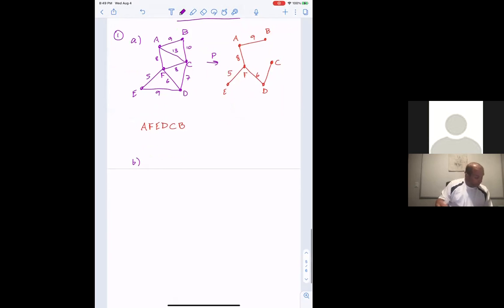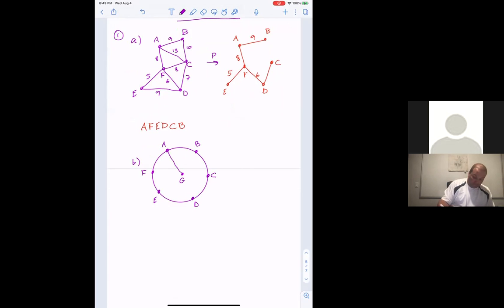B. Oh, wow, this one looks fun. I get a circle. We have A, B, C, D, E, F, and a G inside.